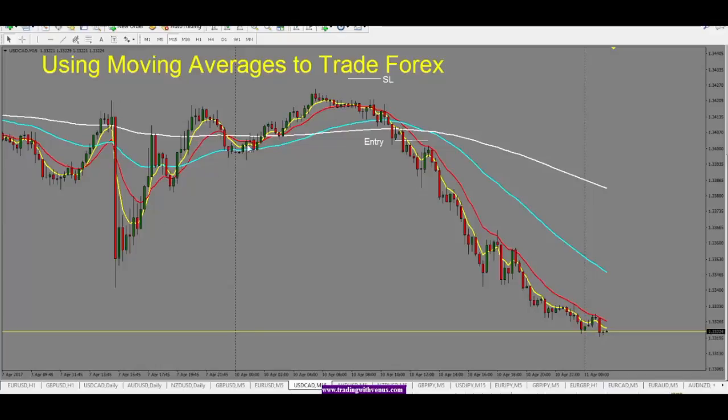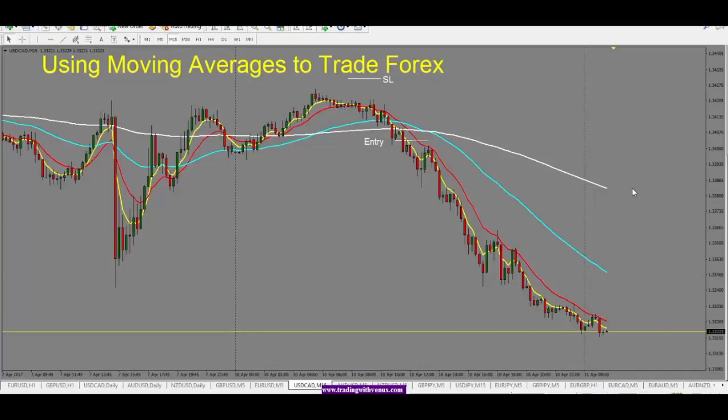And once all of them cross over in the opposite direction here, that means the move is done and we can exit the trade. So for a shorter term trade, you would just look for the crossover of the shorter EMAs here, so 5 and 13. Once the yellow crosses over the red, it will be time to exit the trade.